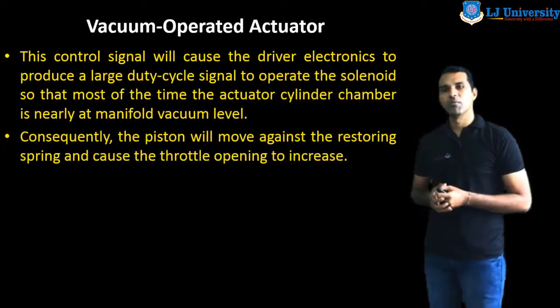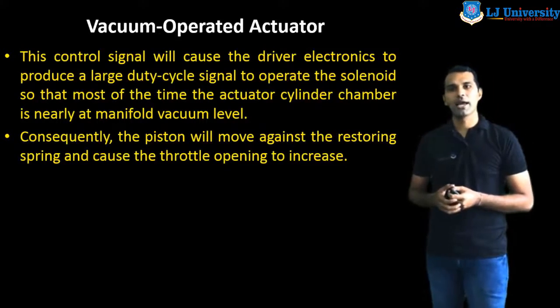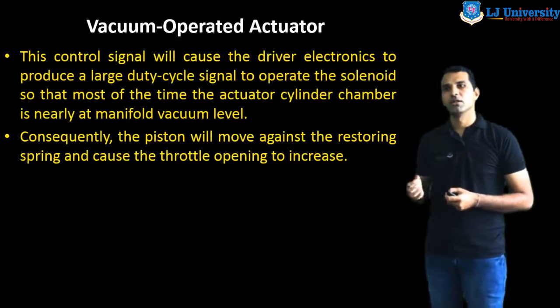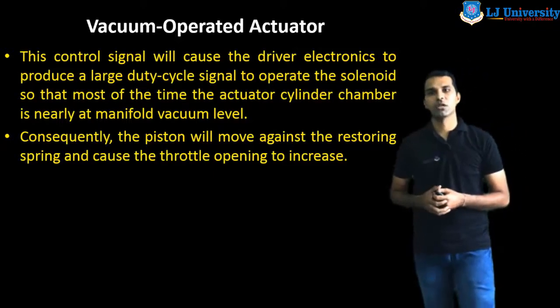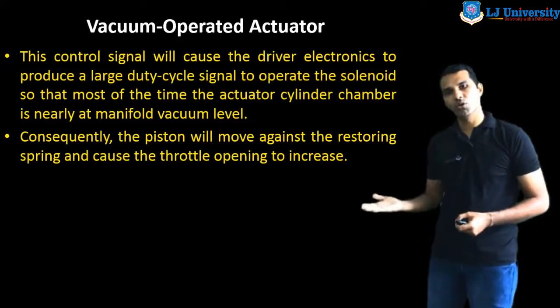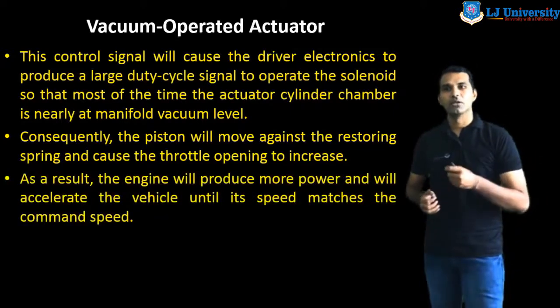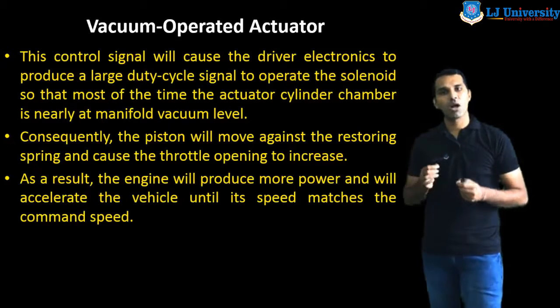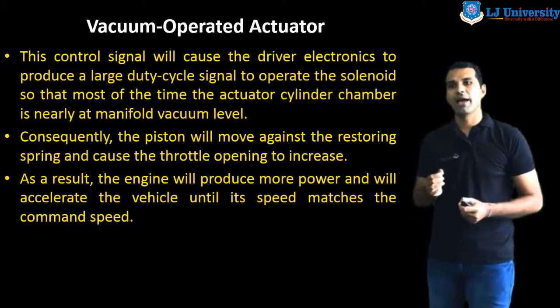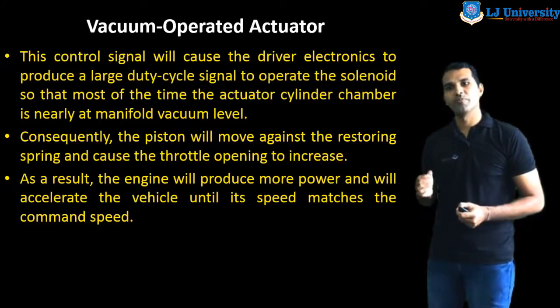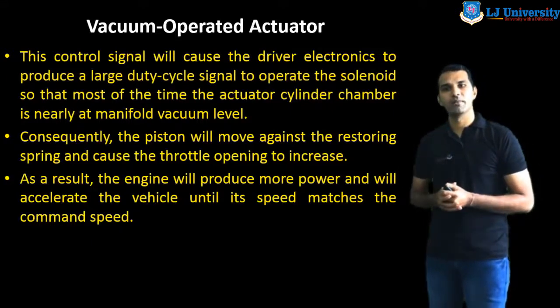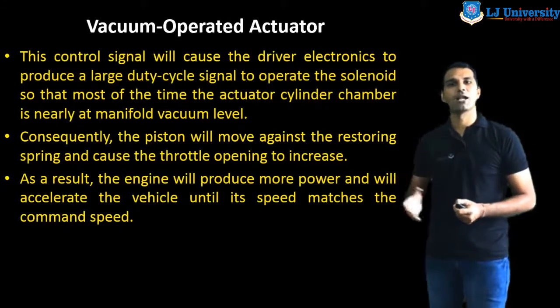Consequently, the piston will move against the restoring spring and cause the throttle opening to increase. As a result, the engine will produce more power and will accelerate the vehicle until its speed matches the command speed.